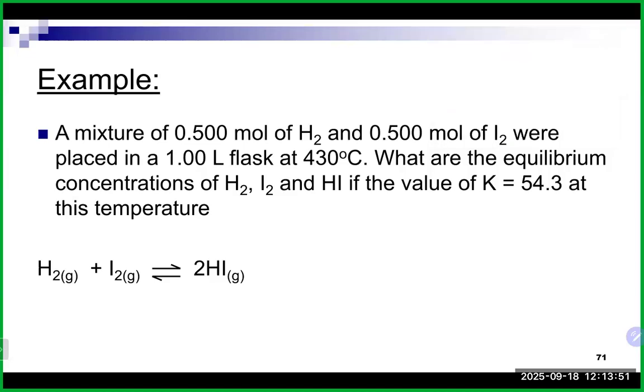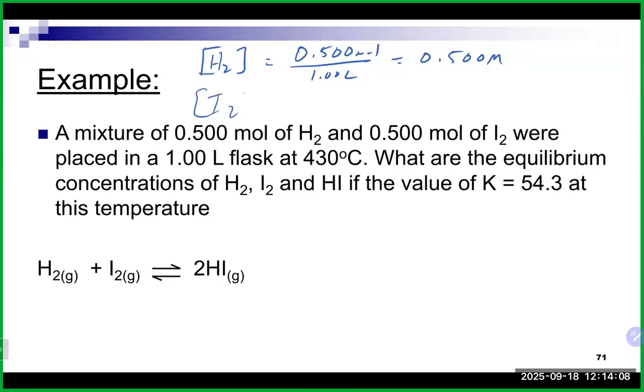So our concentration here of H2 would be our moles, 0.5 moles over 1 liter. That's not too bad. That's 0.5 molar. Same thing here for our I2. It's going to be 0.5 moles per 1 liter, 0.5 molar in this case.